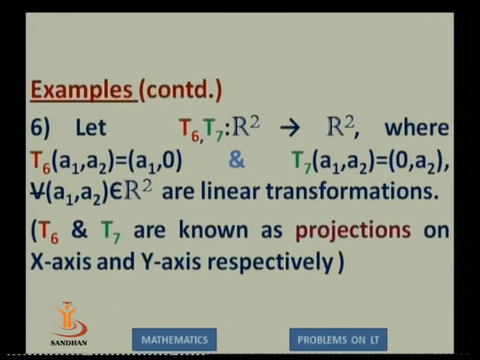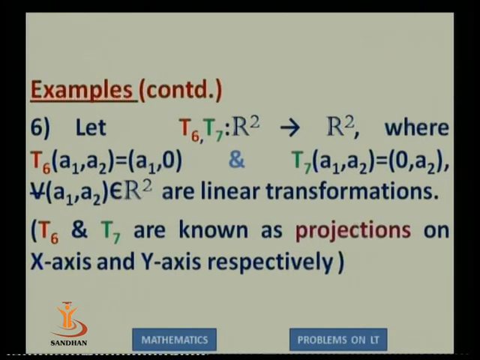Next, we come to the next examples, T6 and T7. If we define T6 from R2 to R2 by T6 of (a1, a2) is equal to (a1, 0), and suppose we define T7 from R2 to R2 by T7 of (a1, a2) is equal to (0, a2) for every vector (a1, a2) belonging to R2.